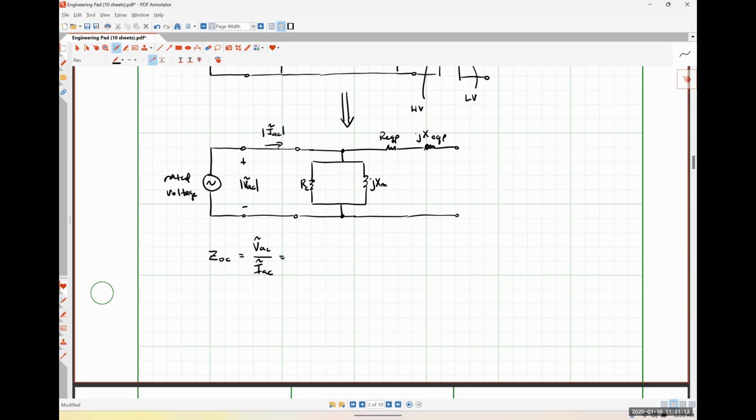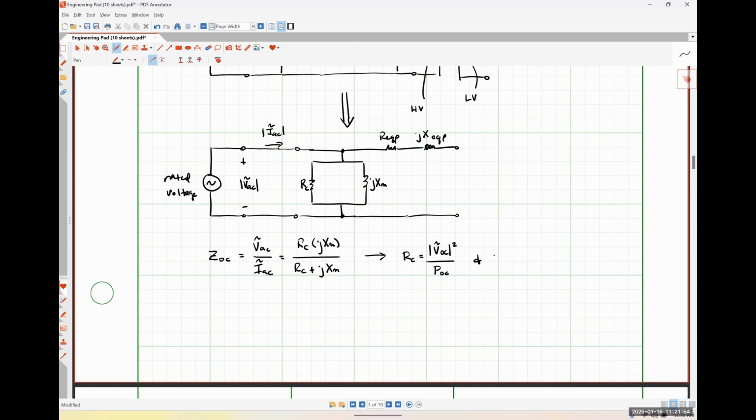And this is going to look like just RC in parallel with jXM. And so I'm going to write that as RC times jXM over RC plus jXM. And using complex math that I'm not going to make you do or even bother with, from this, we'll find that RC is simply the ratio of our measured open circuit voltage from our test squared divided by the power measured by our wattmeter.